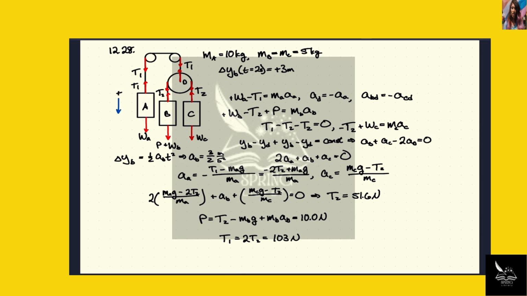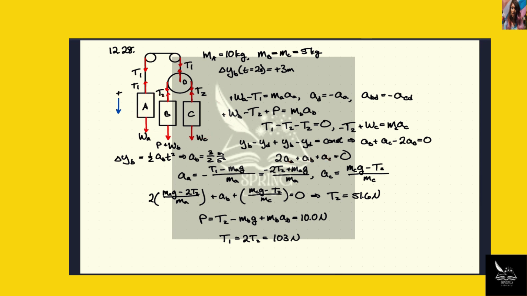And so that tells us that A_B plus A_C minus 2A_D is 0, right? Now we can take this and plug that into there, and we get this expression for our kinematics, relating the absolute acceleration of each block.